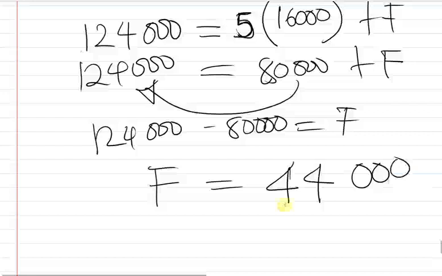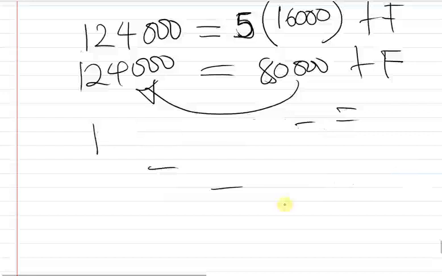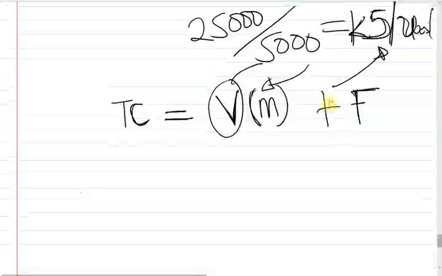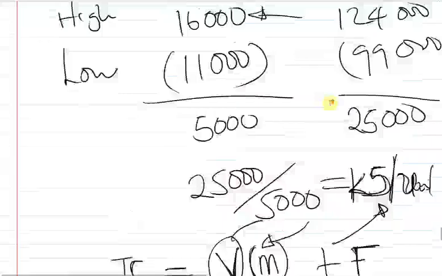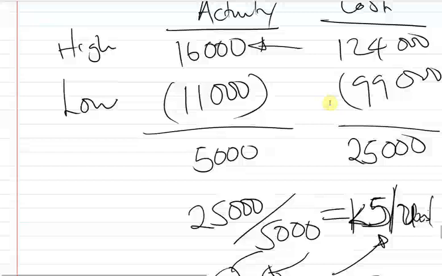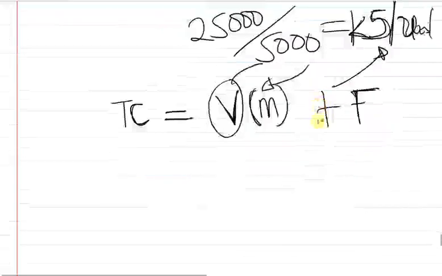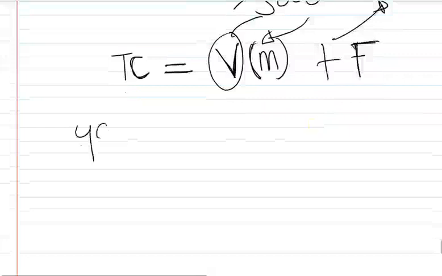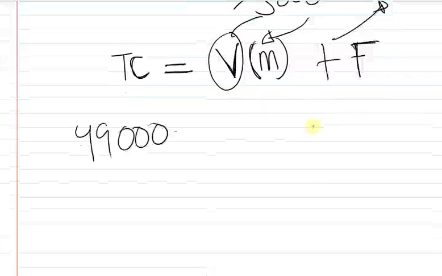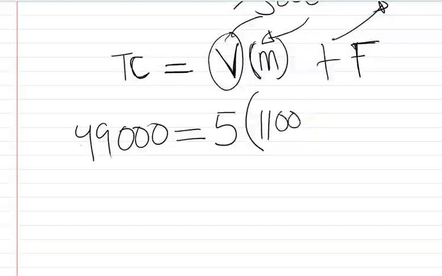So it did not matter which one I selected. Even if I selected the one with the low, for example, if I took the low, it was 11,000 units and the total cost was 99,000. So we have total cost, 99,000, is equal to the variable cost we have found, that is 5, times the units there, 11,000, plus fixed cost.